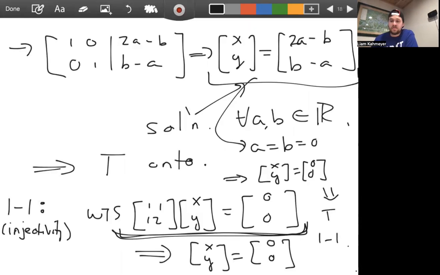This criteria that T of x equals 0 implies x equals 0 means that the system you set up necessarily has a unique solution of (0, 0). If you can construct a non-zero solution to that, then the transformation is not injective, or not one-to-one.